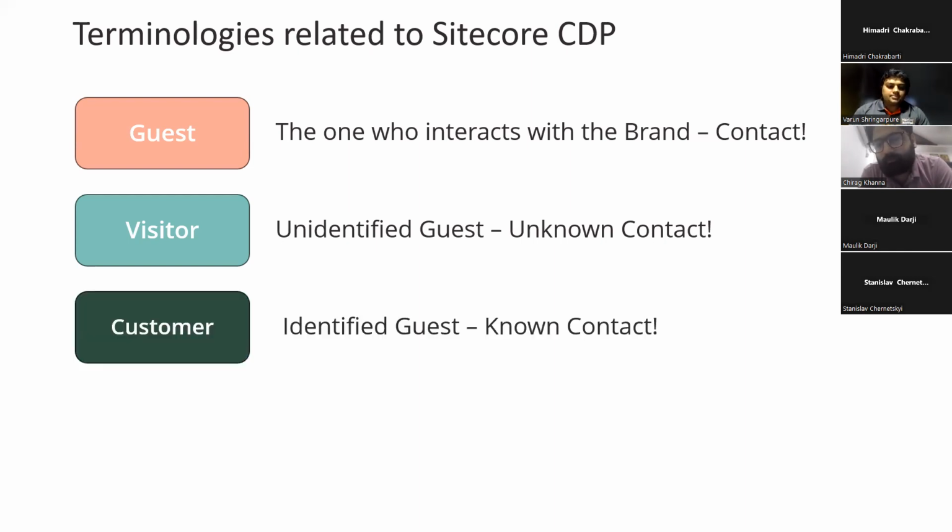Next is a customer. So again, a known contact or an identified guest is the same concept here. Whenever the PII data, like say an email address, is available, we can uniquely identify the person. That is where a customer or a known contact comes into the picture.